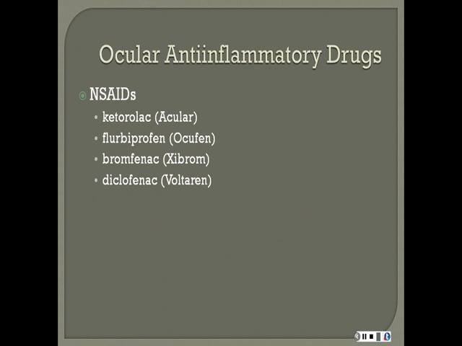So anti-inflammatories, first we'll talk about NSAIDs. So those are like ketorolac, the Ocufen, the Brofenac, and Voltaren. Many of these same anti-inflammatory drugs are used systemically and may also be used ophthalmically to treat various ocular inflammatory disorders. These drugs not only include NSAIDs, but they also include corticosteroids.